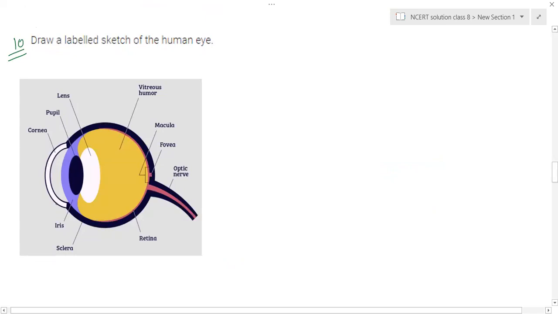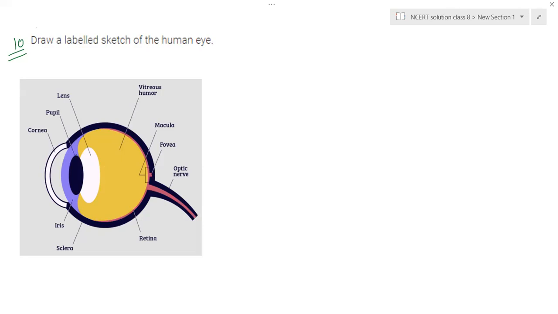The outer cover is the cornea. Then there is the iris. The iris controls the pupil and gives the color to the eye, and the pupil is the inner opening of the eye where the light goes through. After going through the pupil, it will hit the lens. From the lens, it will fall on the retina. The retina has optic nerves, and optic nerves will take the signal to the brain.